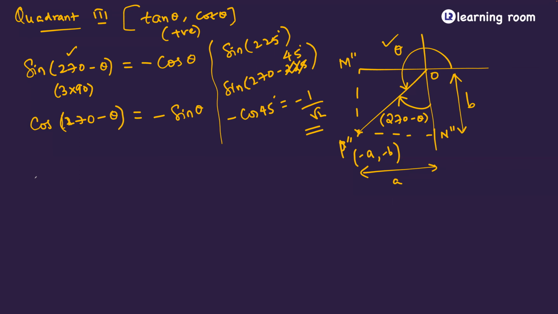So now you tell me, tan of 270 minus theta, how much will it be? Minus cot theta. Sorry, plus. So cot of 270 minus theta is going to be tan theta. Similarly, you write down for the other two.